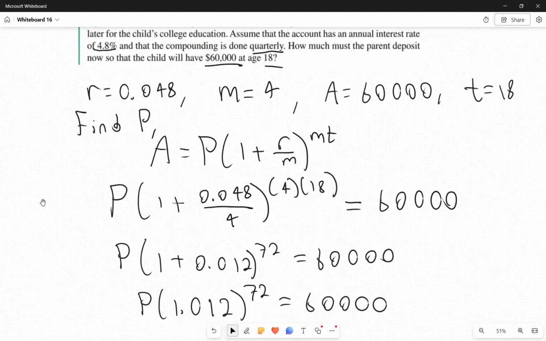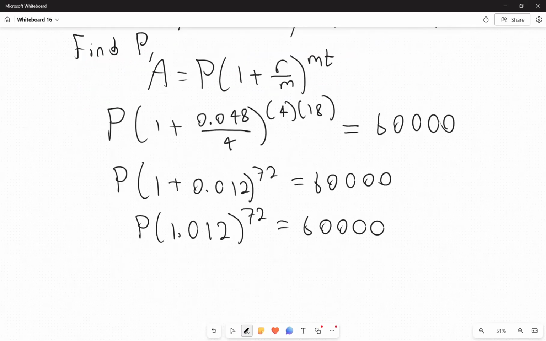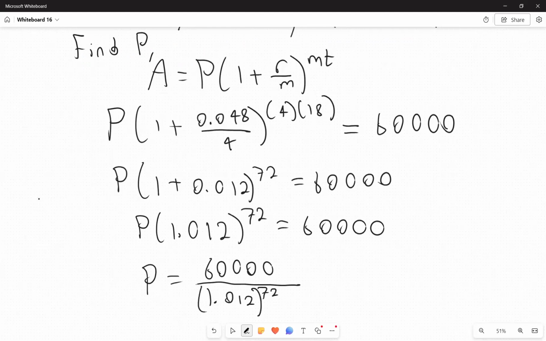So the principal is going to be 60,000 divided by 1.012 to the power of 72. So I'm going to show you on your calculator how you can plug this in. It's important to use grouping symbols.